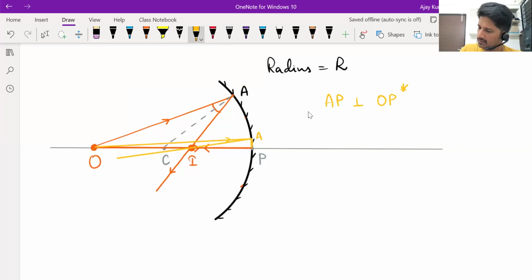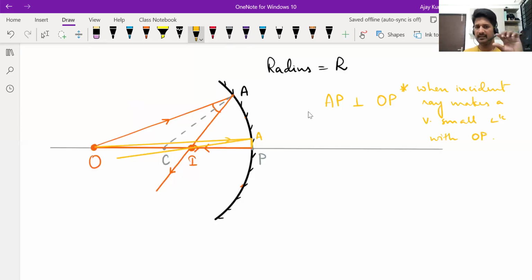When does this happen? When the incident ray makes a very small angle with OP. Then AP will almost be a straight line and it will be perpendicular to OP.